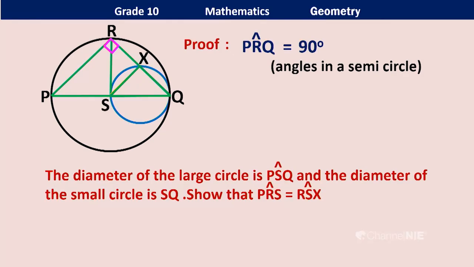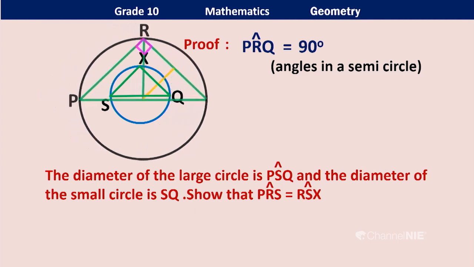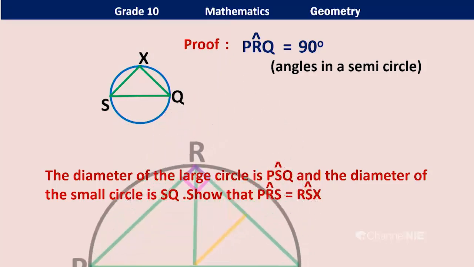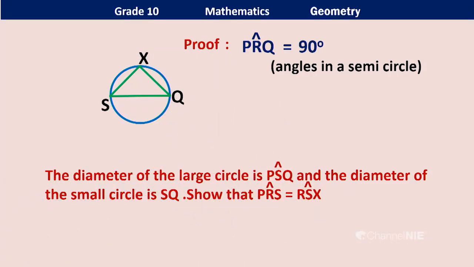Now, once again we will move on to the figure. There you can see the small circle. There the diameter is SQ. So, what can you say about the angle SXQ? Once again, it is an angle in a semicircle.